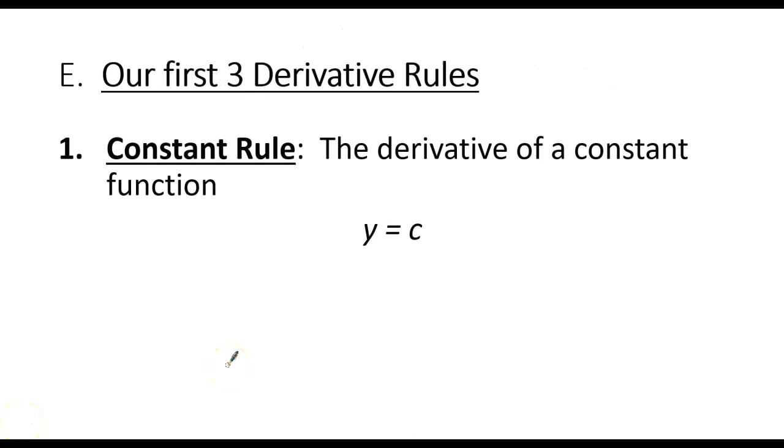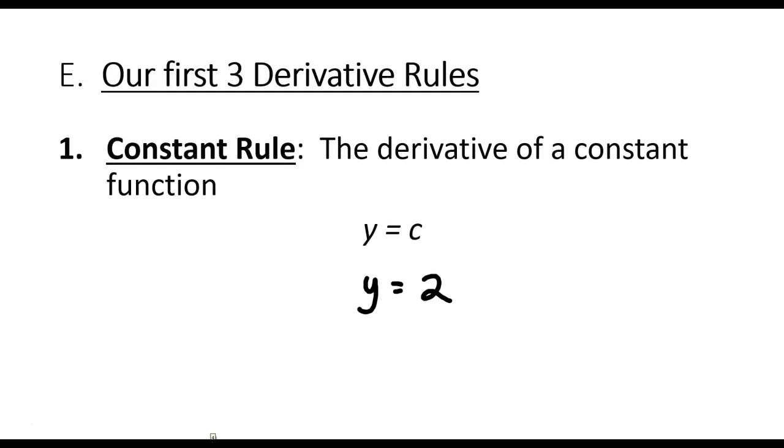All right, so let's go ahead and start off with our constant rule. This is what's known as a constant function, where c represents a number. So, for example, y equals 2. That's a constant function because there's no variables other than just the y. There's no x variables, so it's what we call a constant function.